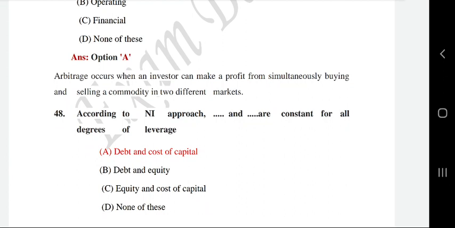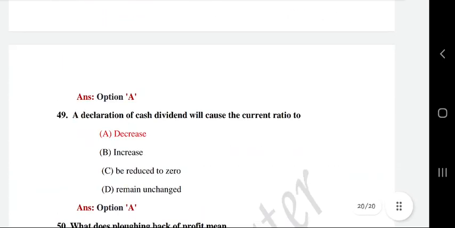Answer: debt and cost of capital. Question number 49. A declaration of cash dividend will cause the current ratio to decrease. Option A is the answer.